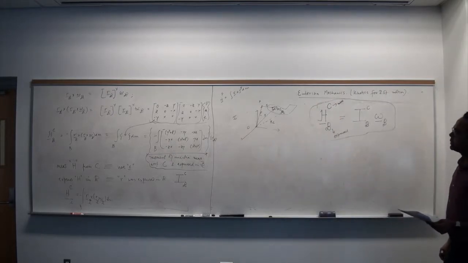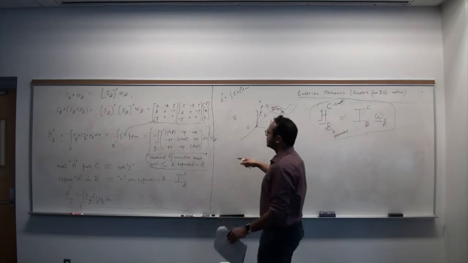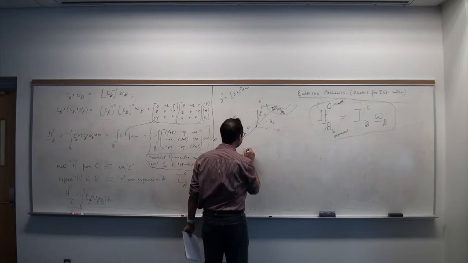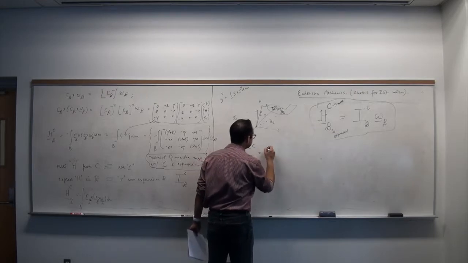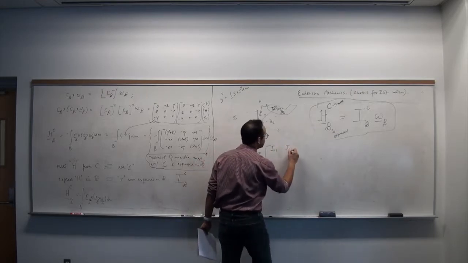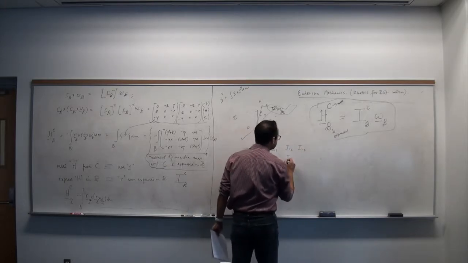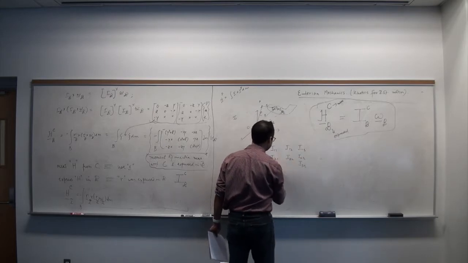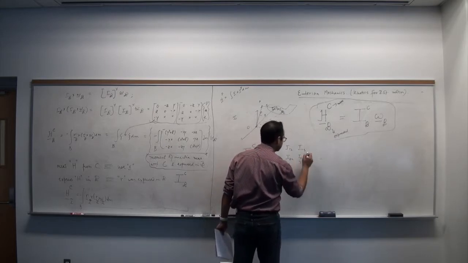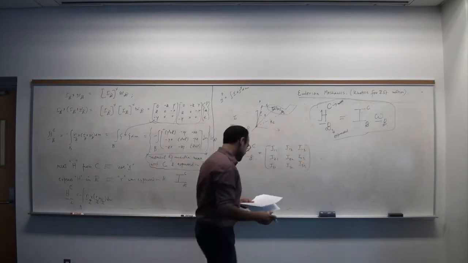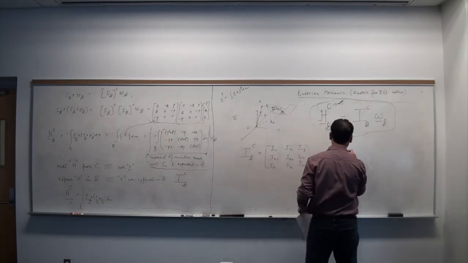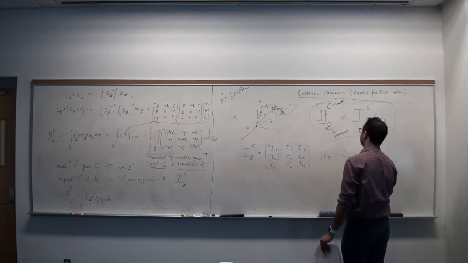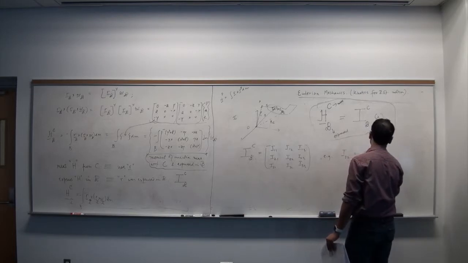Okay. And the various elements of the inertia matrix are here. So a compact way of writing this matrix is I11, I12, I13, and for example, I22 is from over there minus the integral of x squared plus z squared.